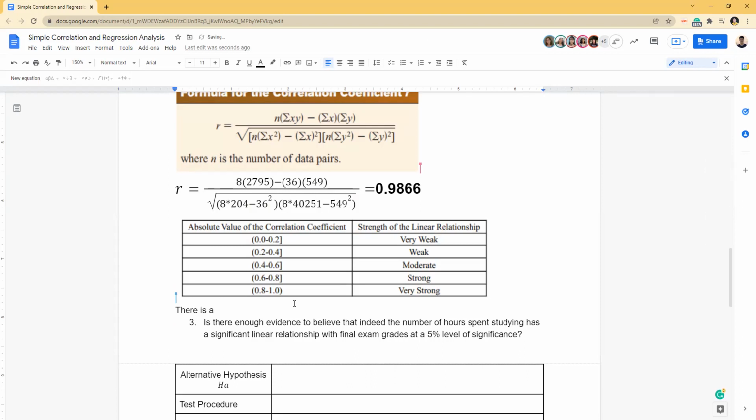You can first say kung ano yung degree or yung strength. So sabi ni Aldea, ni Alexa, tsaka ni Mika, there's a strong positive linear relationship between, sige, I will ask Aldea to complete this sentence.